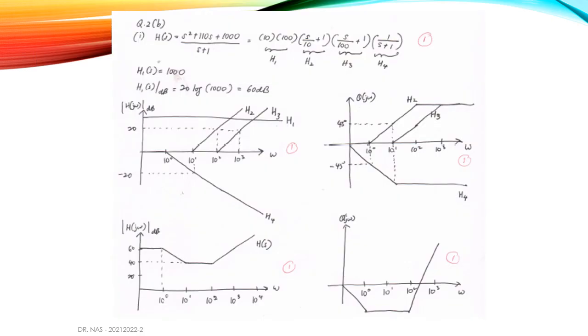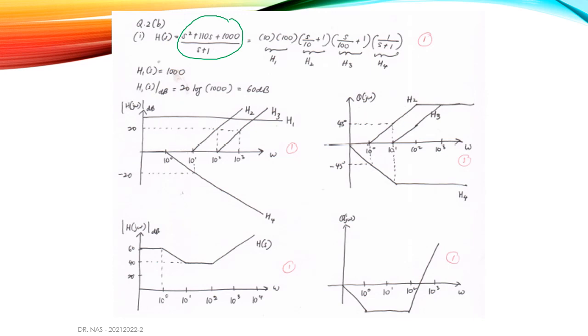This is another example, but just using sketching. You just sketch the Bode plot of the given transfer function. As usual, you need to derive the individual transfer functions, and then sketch the individual frequency responses, and finally total them up.